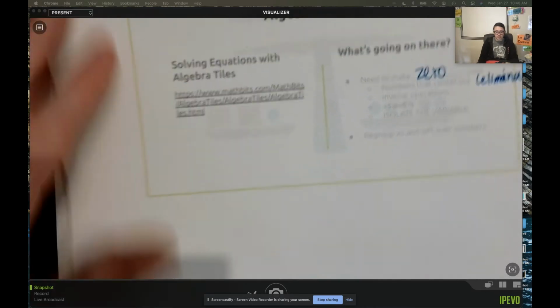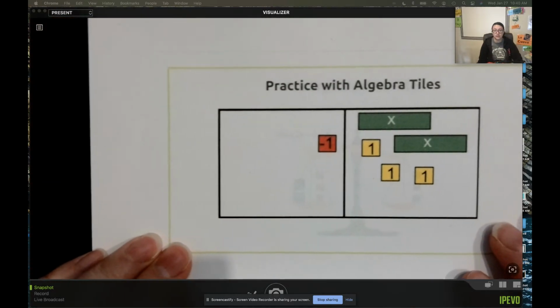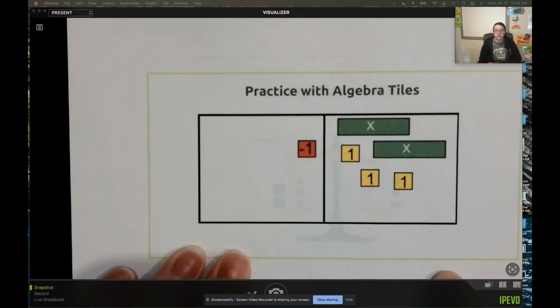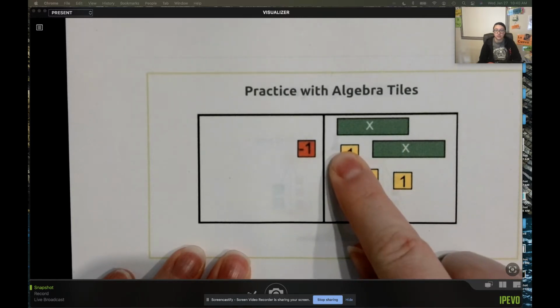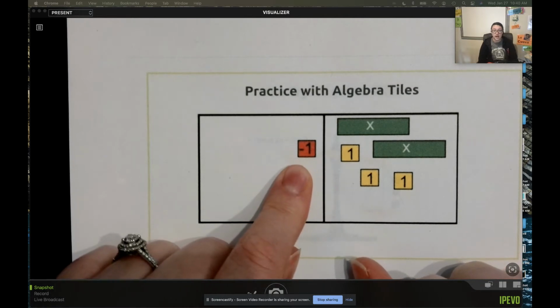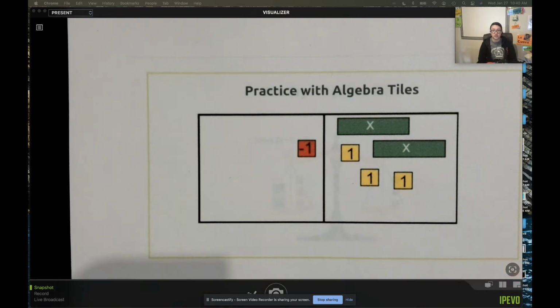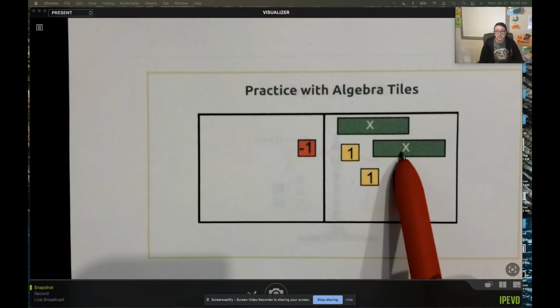So let's do an example problem like this together. I see I have 2 x's and 3 ones on the right, and then 1 negative on the left. I know that I need to isolate my variables. I need to get those x's by themselves.